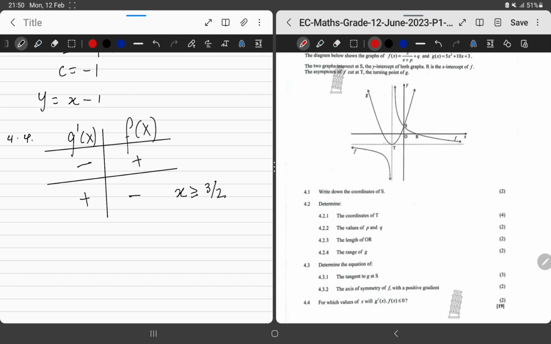Okay, let me just double check this. Negative, negative. And then my f of x should be above. But from this point here, going this way, this is below. So no, there's no solution for that one.